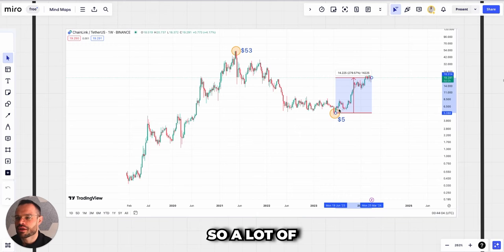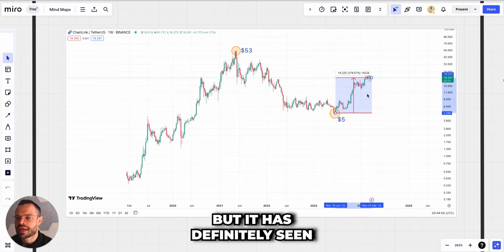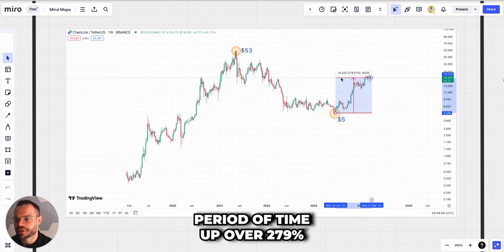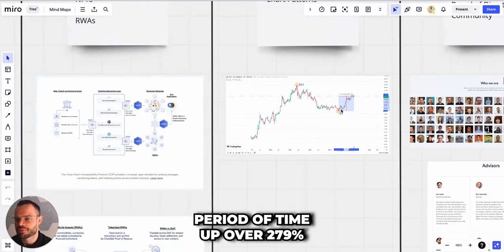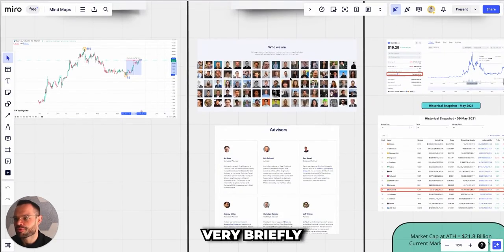A lot of positive price movement, in line with the rest of the market, but it has definitely seen better returns than a lot of other coins in that period of time, up over 279%.